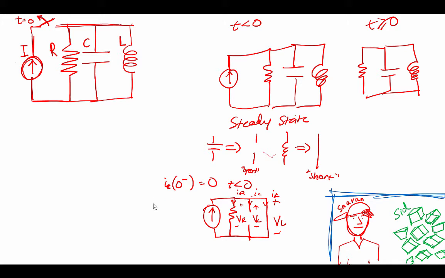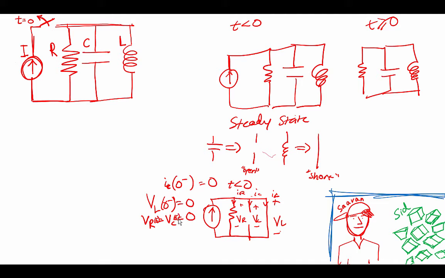No. Correct, so VL of 0 minus is 0. There's no voltage difference because it acts like a short. So IC is 0 and VL is 0. If VL is 0, then what about VR and VC? Those should also be 0 at 0 minus.